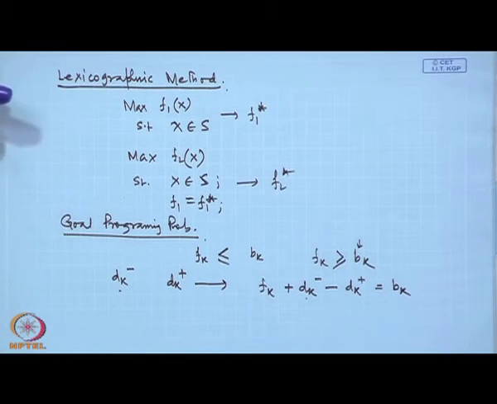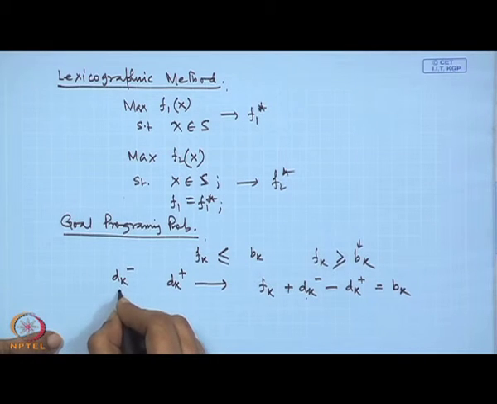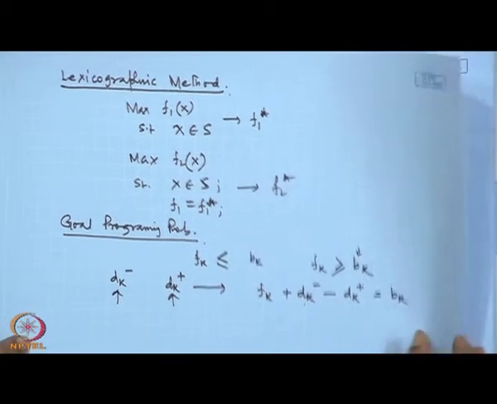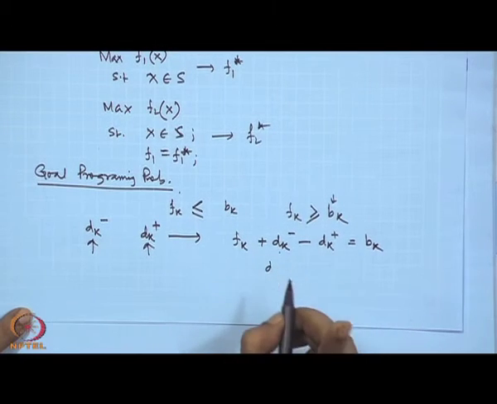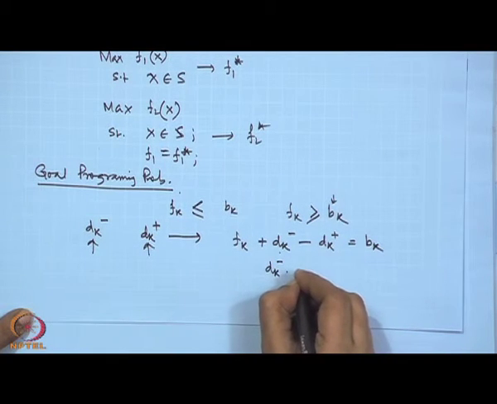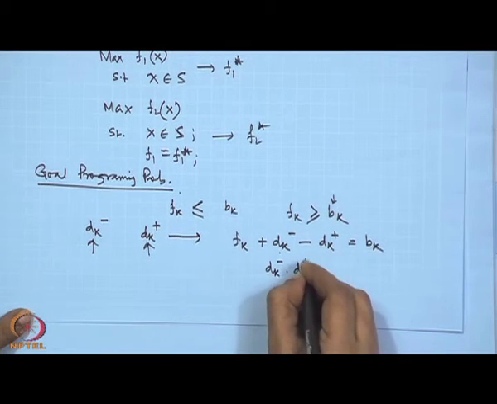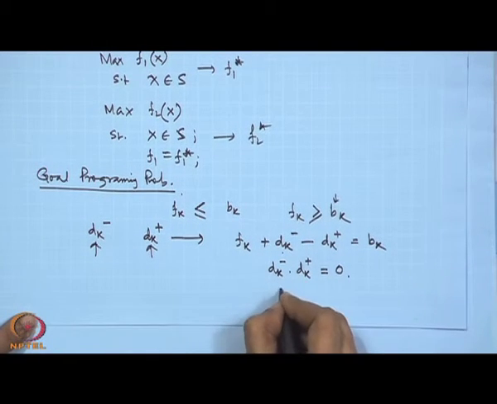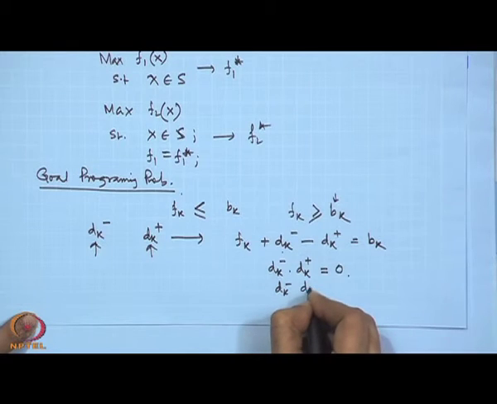Since this is the case, the underachievement variable and the overachievement variable cannot both be at a positive level at the same time in the decision making process. One of them must be 0 and the other positive. That is why we impose another constraint that dk minus times dk plus must be equal to 0.